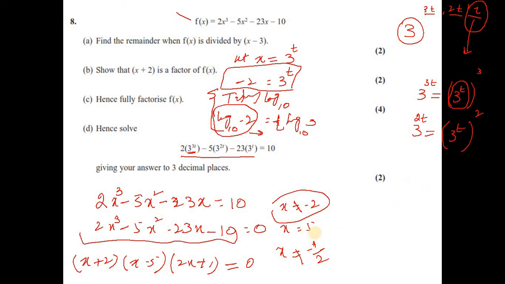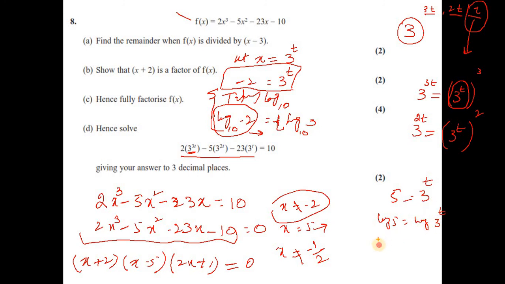So you use x equal to 5 and you say that 5 is equal to 3 to the power t, and again you take log on both sides. So if you apply log of base 10, you say that log of 5 is equal to log of 3 to the power t, and then t comes down.